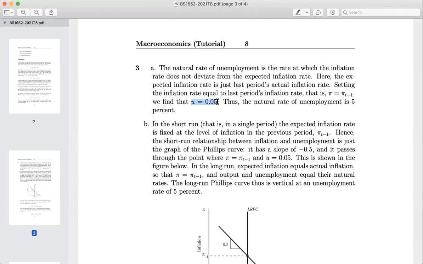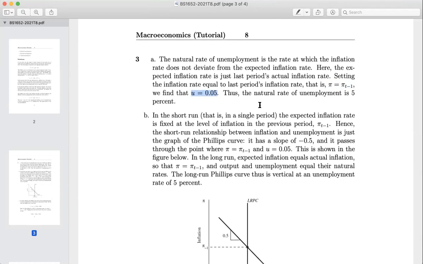The natural rate of unemployment is the rate at which the inflation rate does not deviate from its expected rate. In other words, this is basically when this equals this, so when pi equals pi t minus 1. In that case, if you solve for u, you get 0.05, meaning that the natural rate of unemployment is 5%.